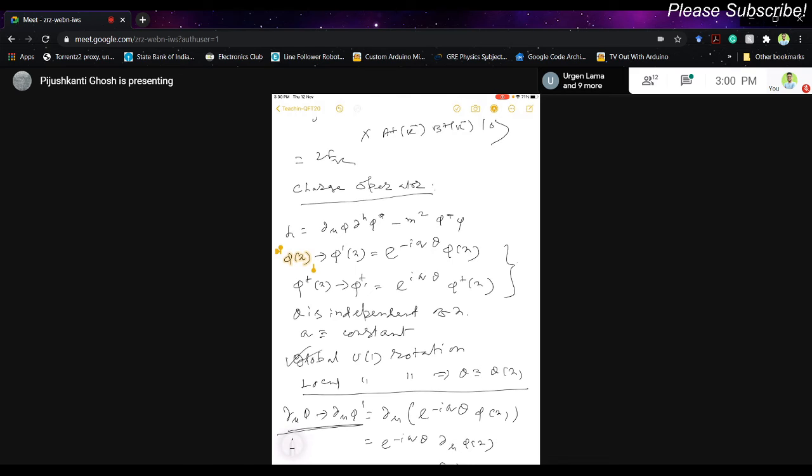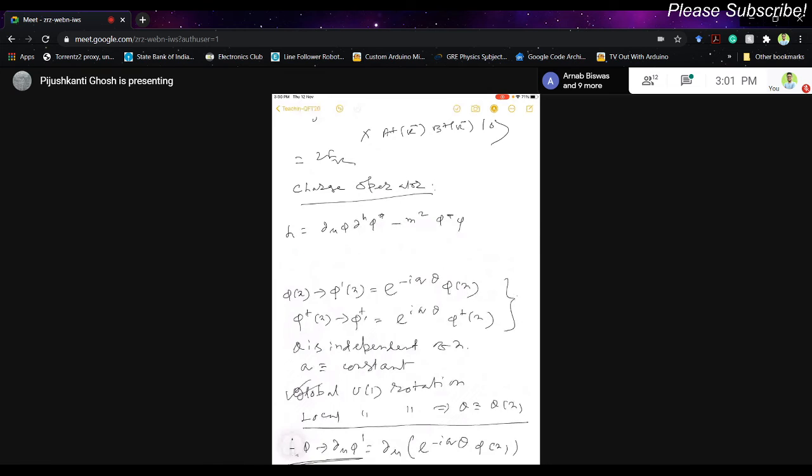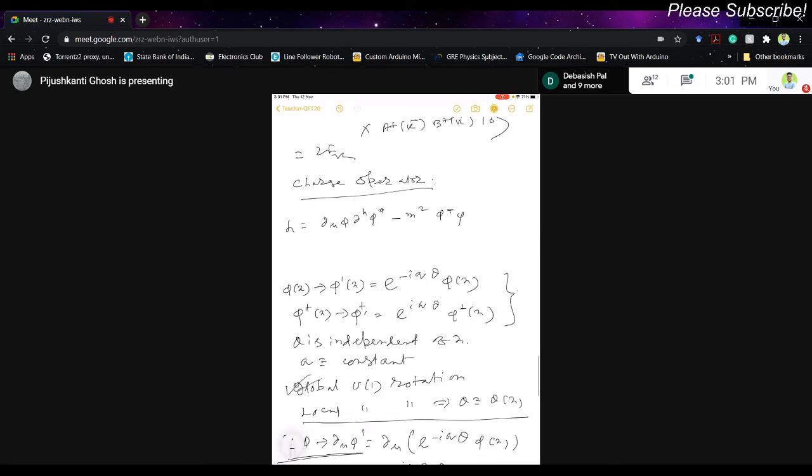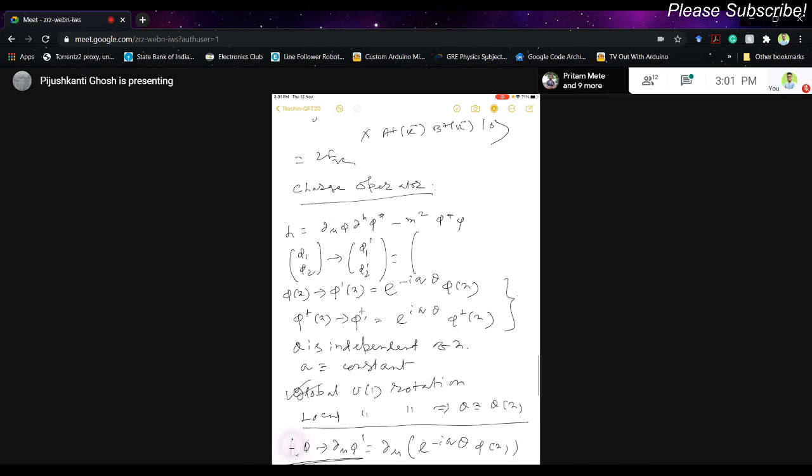This transformation, just try to understand it as phi 1, phi 2, phi 1 prime, phi 2 prime, with the matrix cos theta, minus sin theta, sin theta, cos theta acting on phi 1, phi 2.